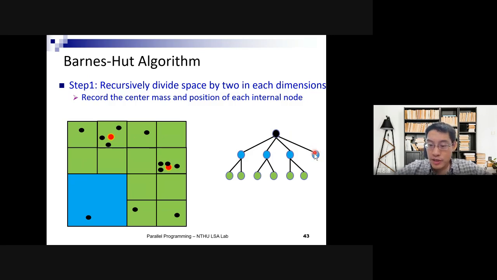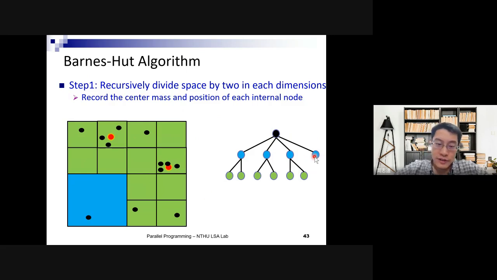For example, here, the leftmost node we don't divide further, because this space has only one object alone.